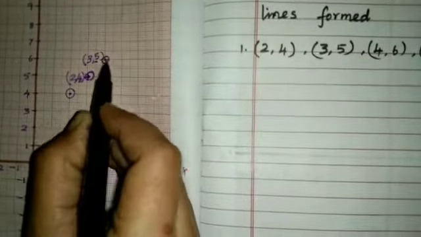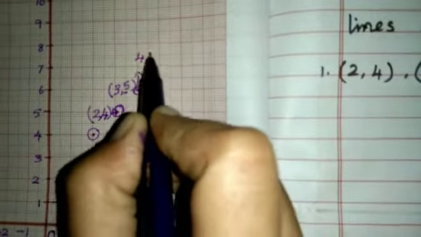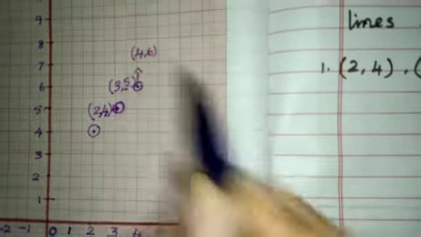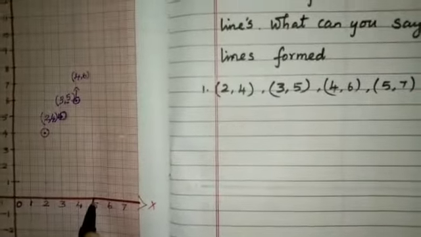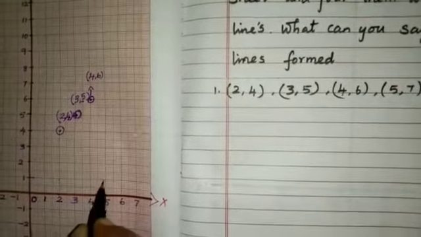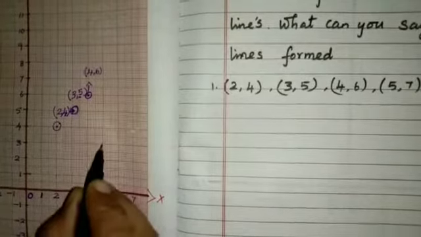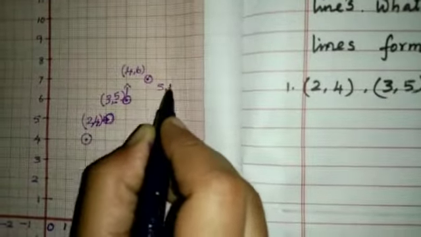This point is known as (4, 6). Then the last one is (5, 7). So 5 on the x-axis, 7 means positive, so above the horizontal line. 1, 2, 3, 4, 5, 6, 7. This is (5, 7).